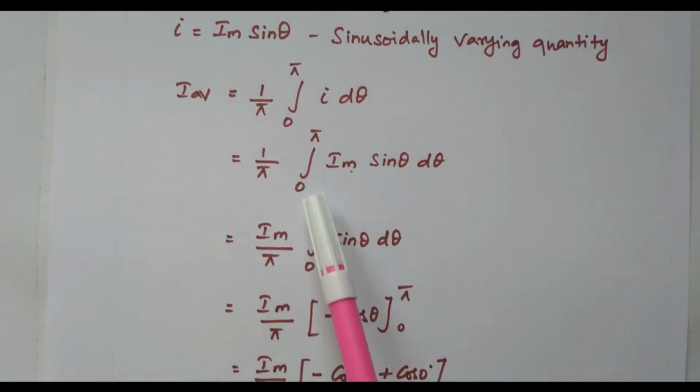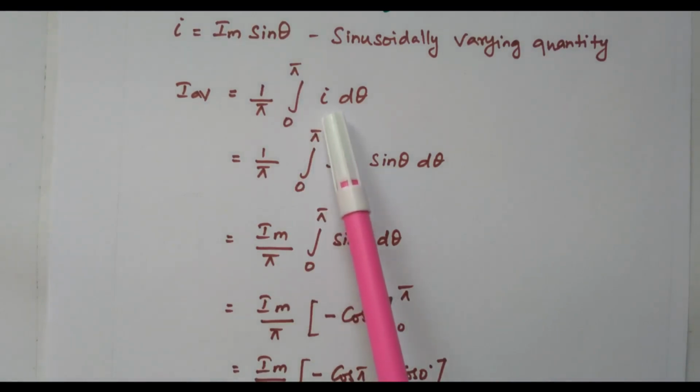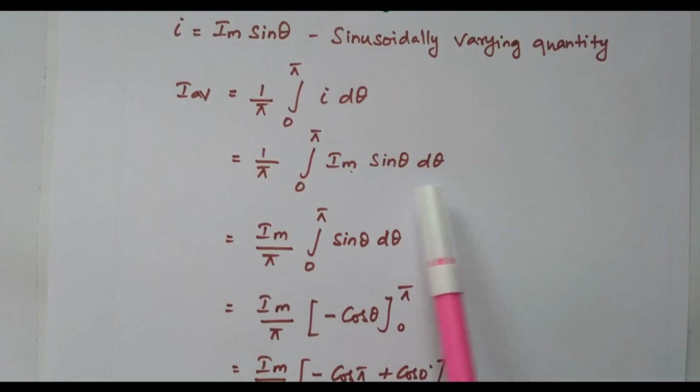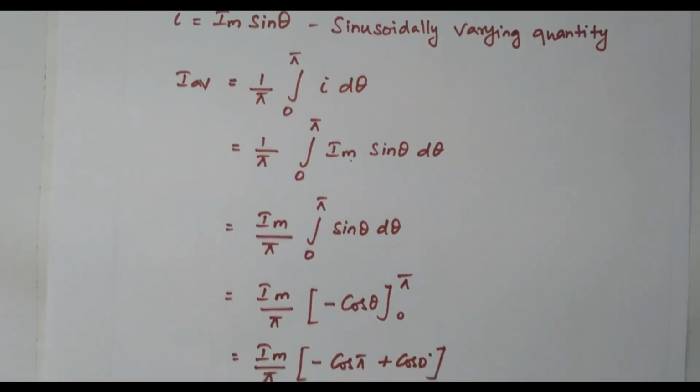So 1 by pi, 0 to pi, I is Im sin theta into d theta. This Im is constant, so we'll take it outside: Im by pi, 0 to pi, sin theta d theta. So Im by pi, the integral of sin theta is minus cos theta. You need to substitute the limits 0 to pi.